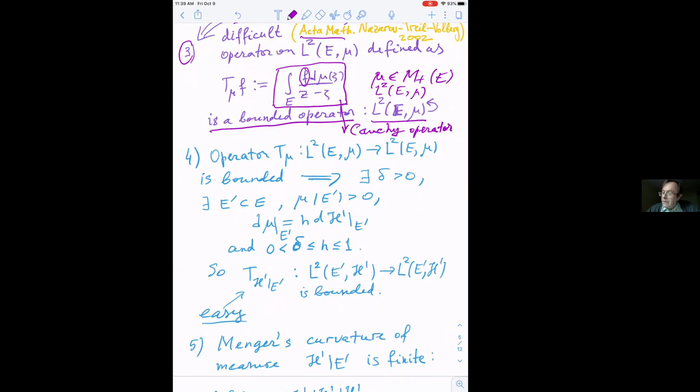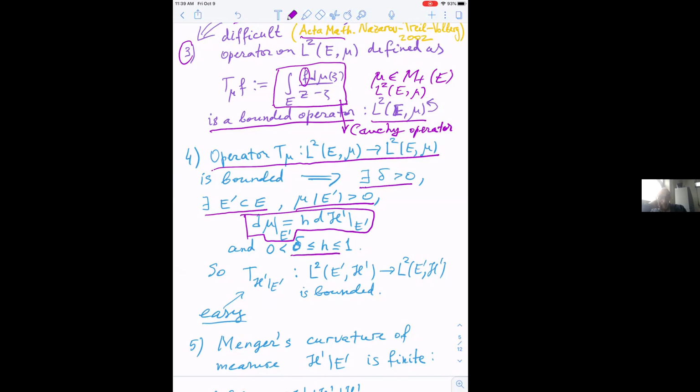Okay, next step is the following. It's a simple thing. So if this operator is bounded, then there exists some positive delta and some subset of E, but non-trivial subset, such that your measure on this subset is equivalent to the length, to H1. And equivalence is pinched between this positive delta and number 1. Okay, it's an easy step.